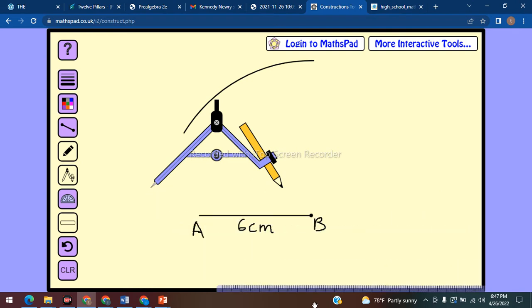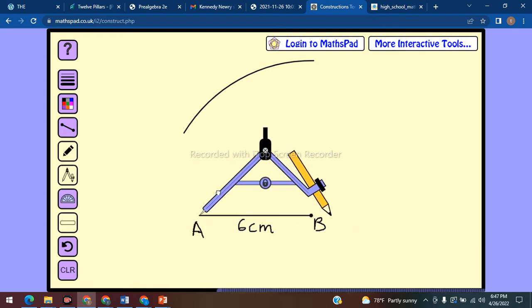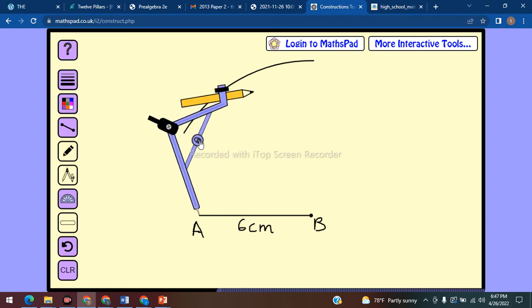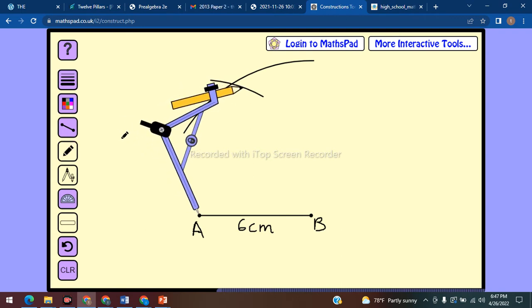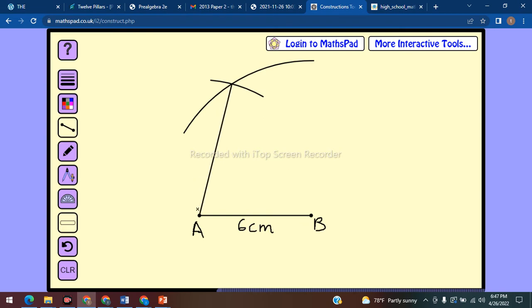And say, okay, good. So next up, at this point, we're going to draw an arc. Good. Alright, so now we're going to connect the two. From here, we can connect it to A.